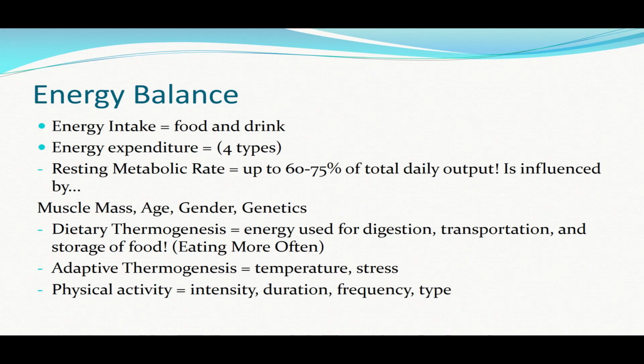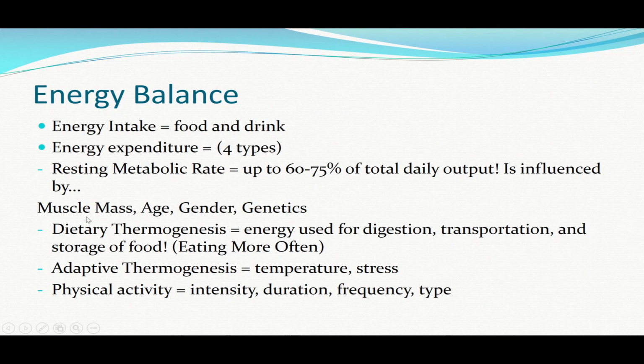It's influenced by many different things, and this is why there can be a differential between certain individuals. It's determined by muscle mass, age, gender, genetics. Your resting metabolic rate is the amount of calories that we're burning through simply keeping your body functioning, keeping it alive.